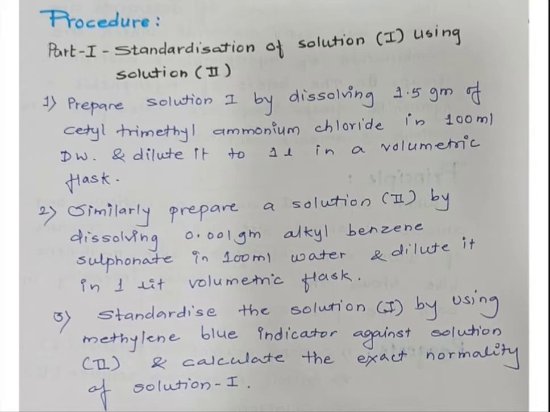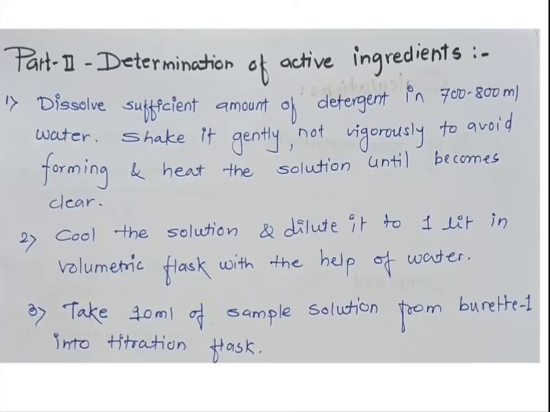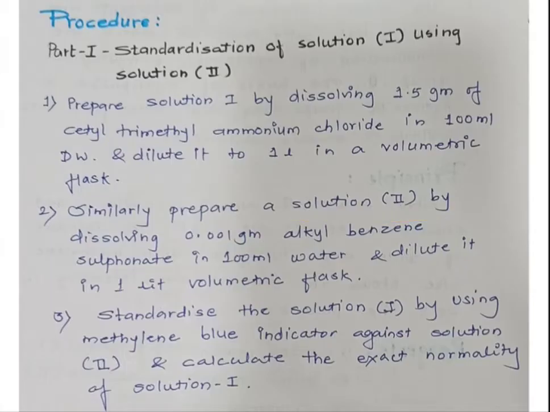Next, we have to prepare in the same way solution number 2, that is the anionic reagent. For that purpose we have to dissolve 0.001 gram of alkyl benzene sulfonate in 100 ml water and then dilute it to 1 liter in a volumetric flask. So this is the anionic reagent. Now we have to standardize solution 1 by using methylene blue indicator against solution 2.